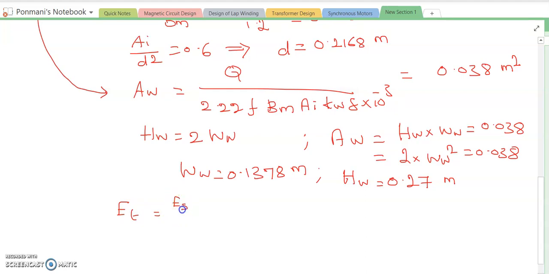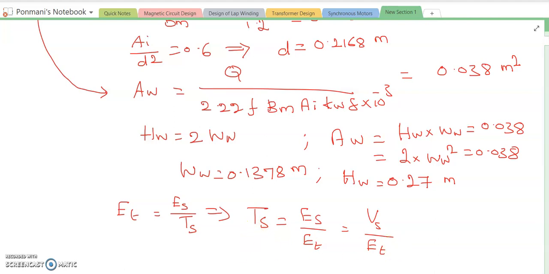It is ES by turns at secondary side, so you can calculate TS from this. TS is ES by ET, and this is also equal to Vs by ET. The secondary side voltage is given as 48 volt. You can substitute and calculate TS.